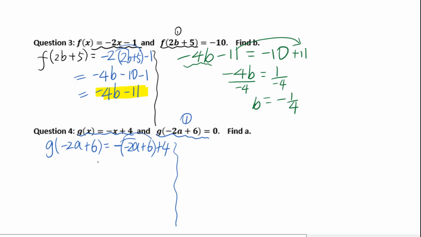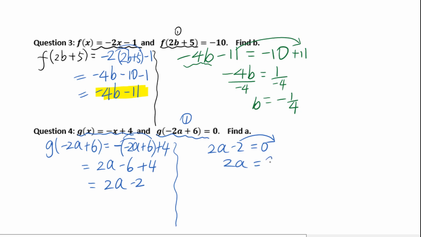Distributive property, you will get 2a minus 6 plus 4. Combine like terms, 2a minus 2. Then we will set up 2a minus 2 equals 0. Isolate the variable on one side. You will get 2a equals 2. Divided by 2, a equals 1.